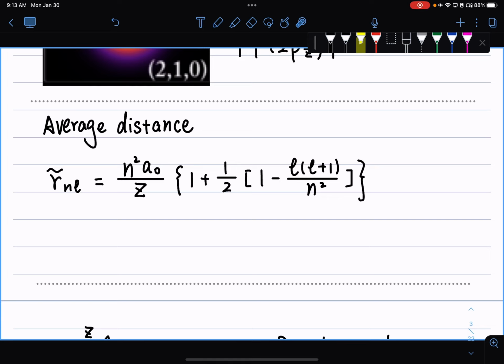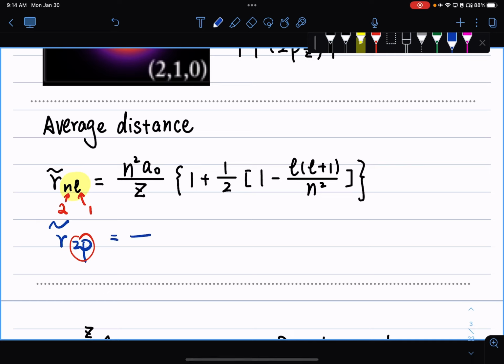In this equation, we have the l term, which is our angular quantum number. We can quickly work on this together. For a 2p orbital, note that in here we have n and l. For this one, n equals 2, l equals 1. That's where this 2p comes from.